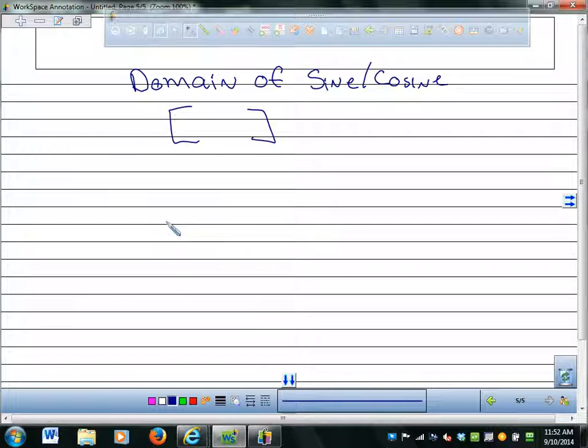What possible values can I plug in for the domain of sine and cosine? Can I plug in negative 576 pi in there? Sure, yes. So the domain of sine and cosine is all real, because I could go around the circle as many times as I want.